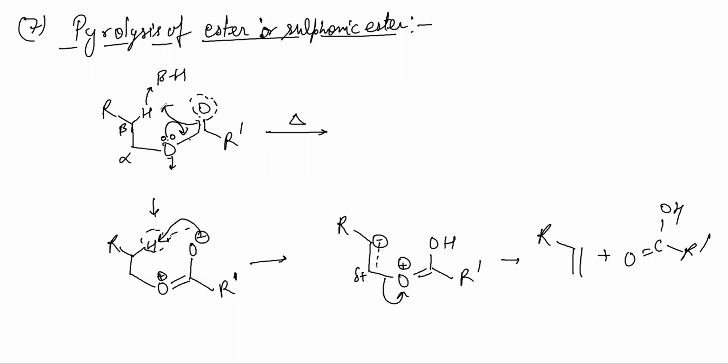So I'm directly showing an arrow like this, that your oxygen is trying to pull this H. So what do we get? Let's see. What will we call it?